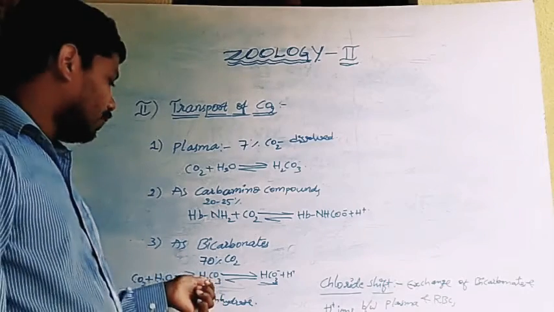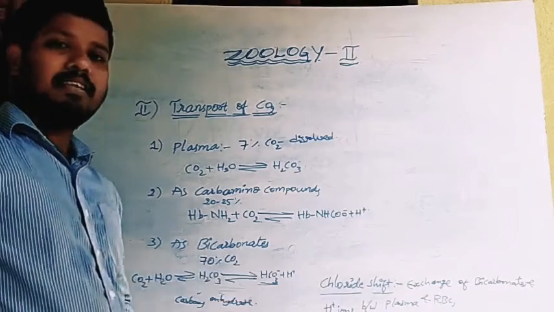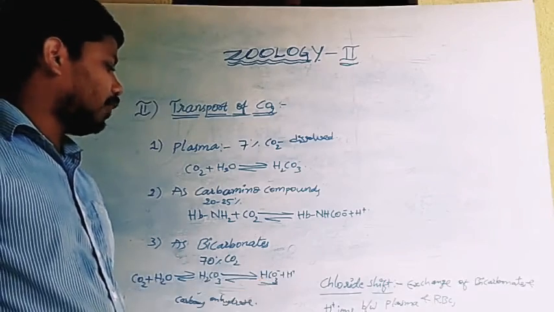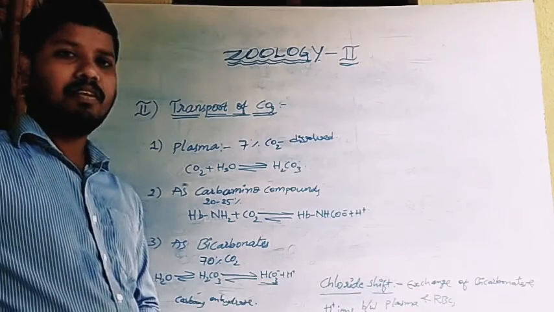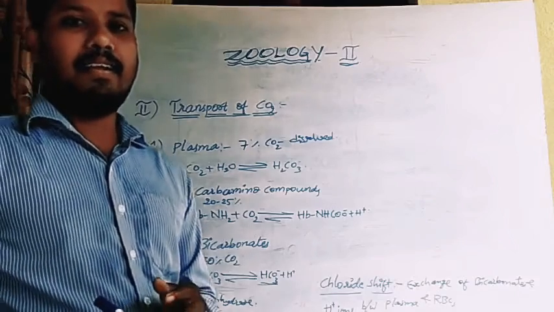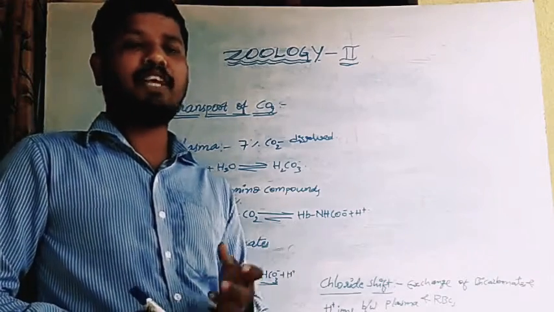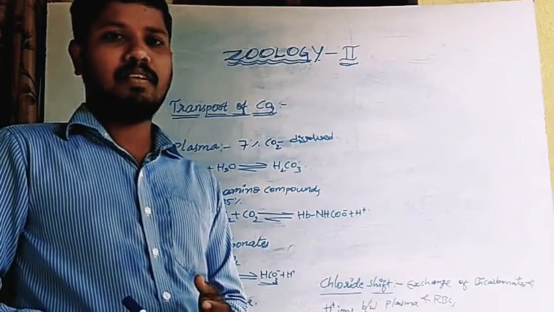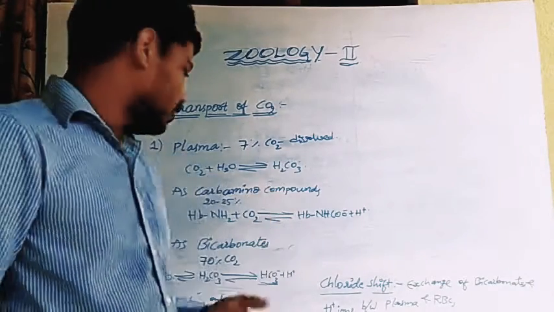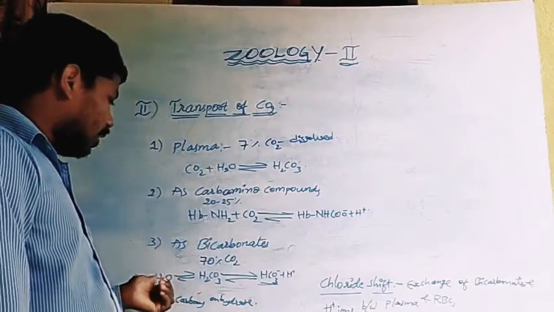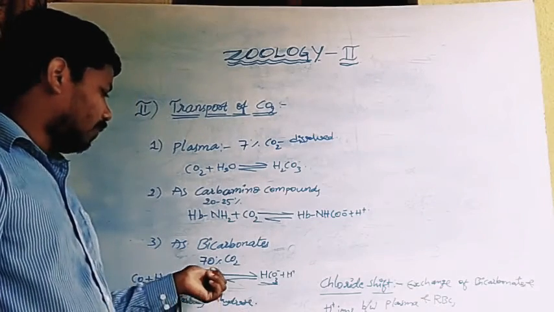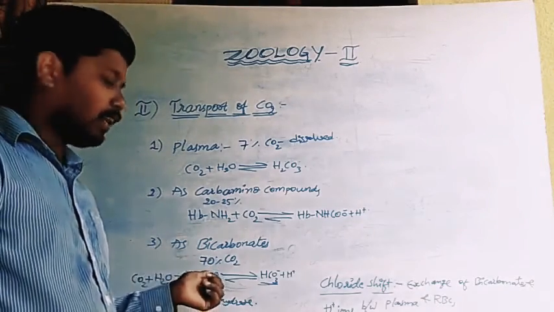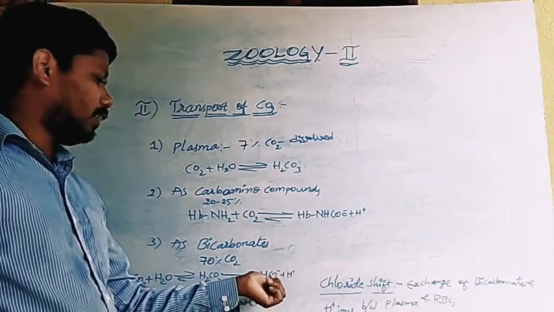This carbonic acid again dissociates into bicarbonate. At tissue level, the partial pressure of carbon dioxide is high, so carbon dioxide is converted into carbonic acid and it dissociates into bicarbonates.